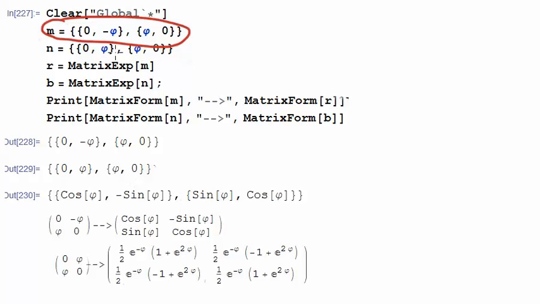Now, when I take the matrix exponent of n, then it gives me this other odd-looking thing. Let's see if we can play with that a little bit and discover what it is.